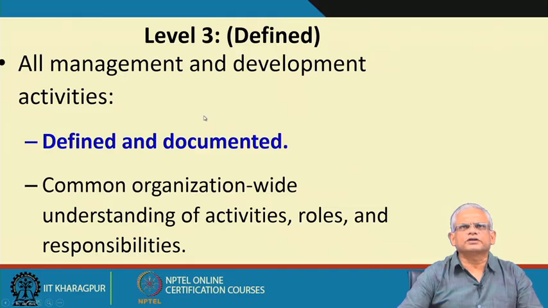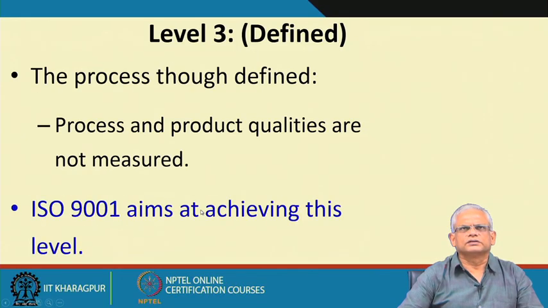In level 3, the process is defined and documented, and therefore there is a consistent process that is followed by all developers. There is a common organization-wide understanding of what activities are to be done at what time, what the roles are, what the responsibilities are. But even though the process is defined, no process measurements are done.